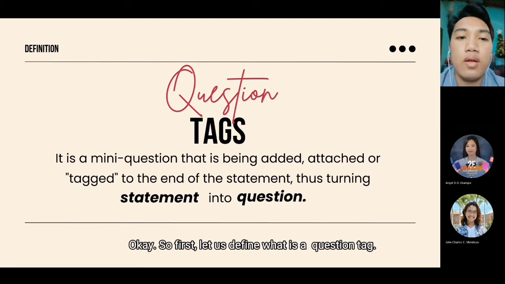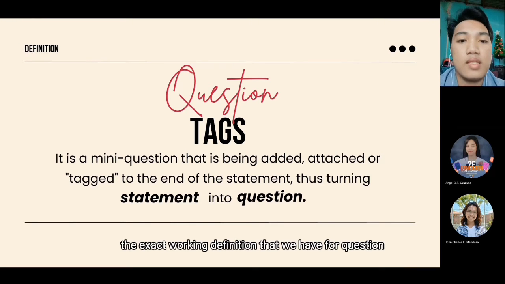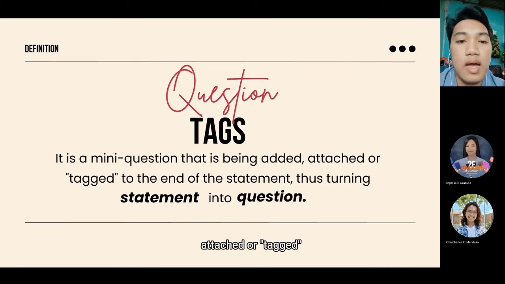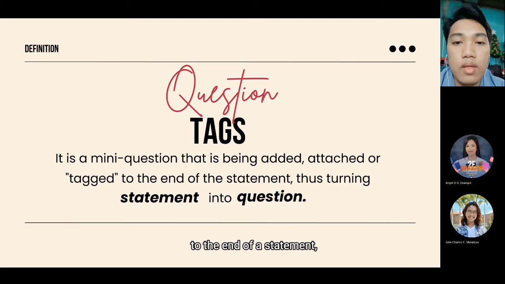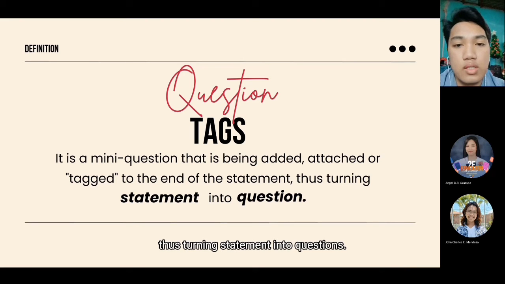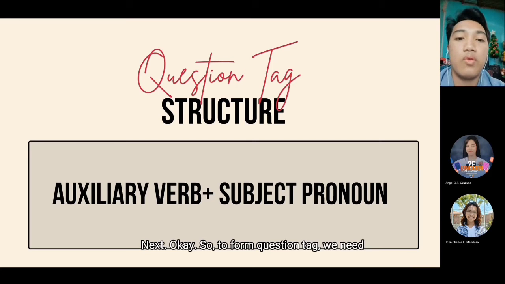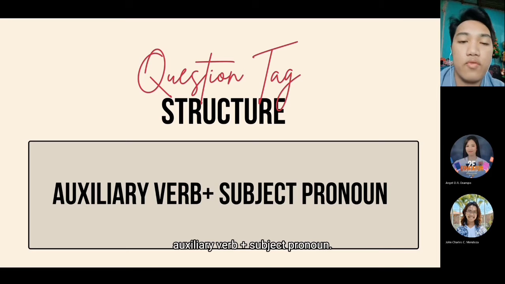Okay, so first let us define what question tags are. The working definition that we have for a question tag is that it is a mini question that is added, attached, or tagged, quote unquote, to the end of a statement, thus turning the statement into a question. Next. Okay, so to form a question tag, we need an auxiliary verb plus a subject pronoun.